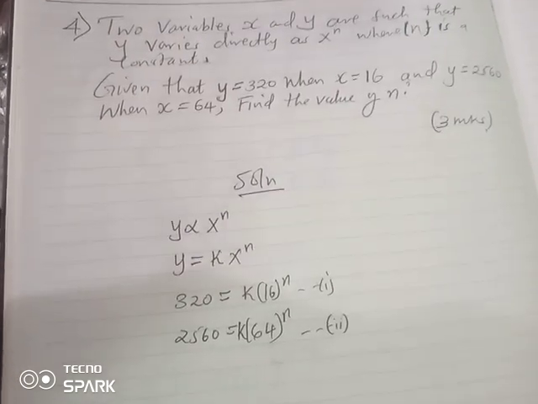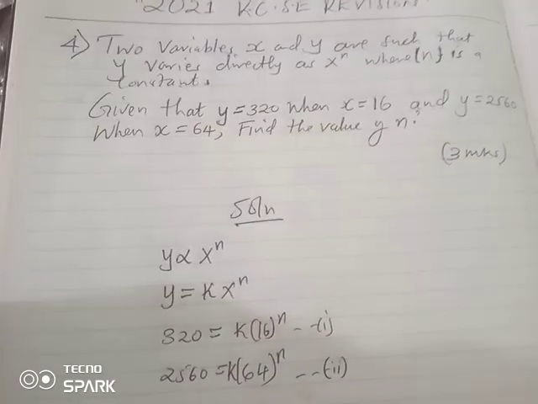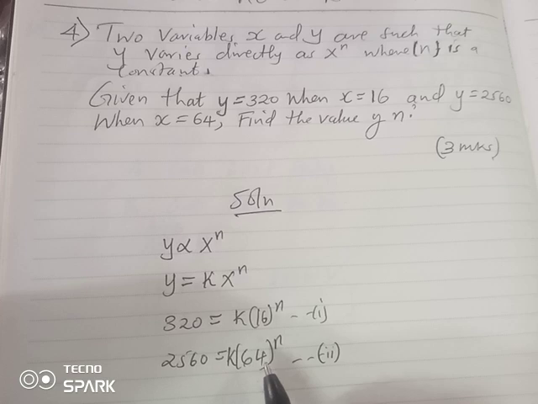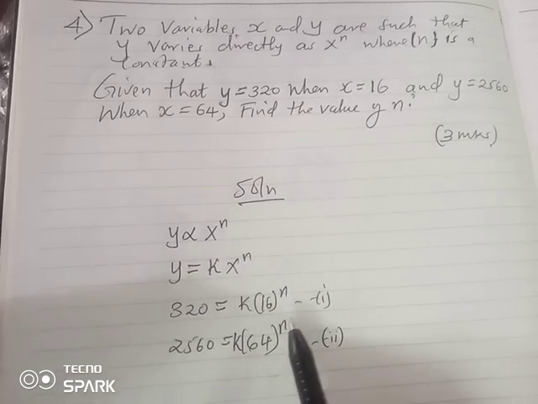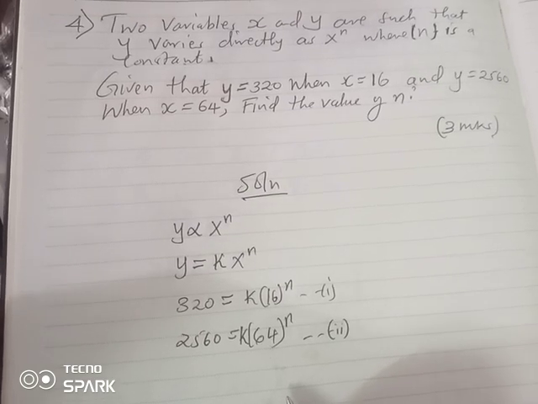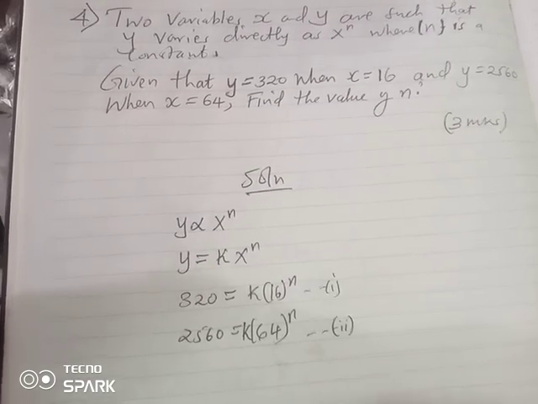The first thing I would want us to do is look at the question keenly. As you can see, familiar numbers are 16 and 64. So I want us to convert them into a common base, and the common base is 2.